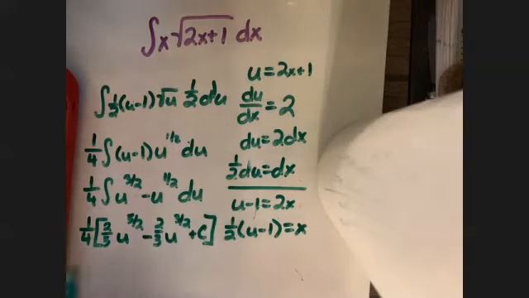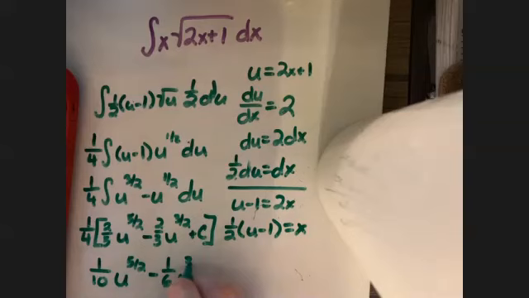So now I'm going to push this 1/4 in. So that is going to be, let's see, 2/20. So that's going to be 1/10 u to the 5/2 minus, that's going to be 2/12. So it's going to be 1/6 u to the 3/2.